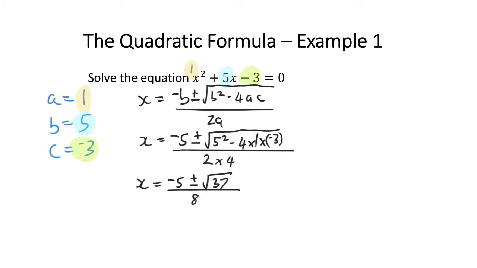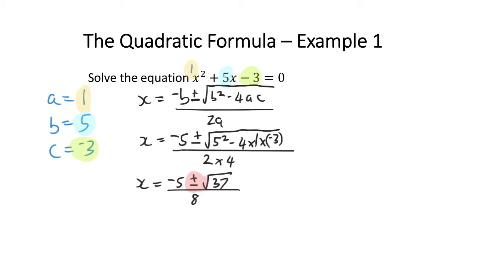After you get down to this stage, we split the equation into two by using this plus or minus. It becomes negative 5 plus the square root of 37 divided by the denominator as my first one.